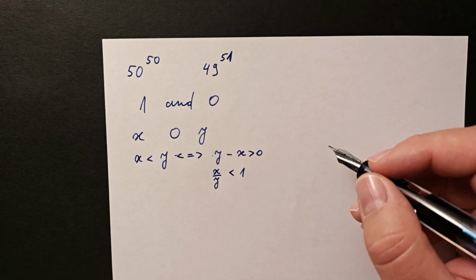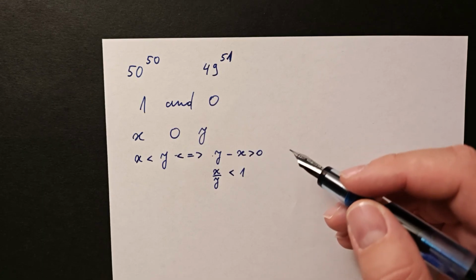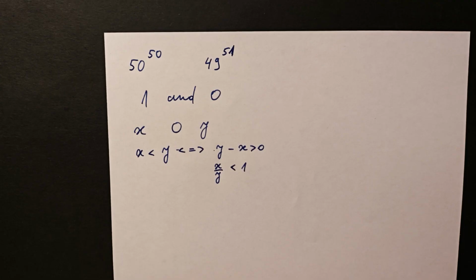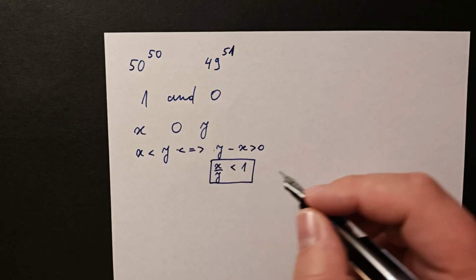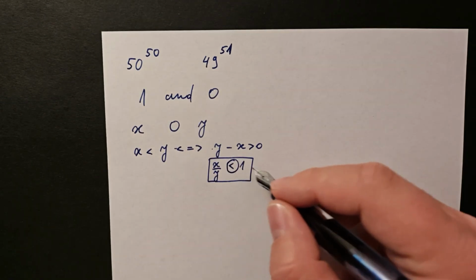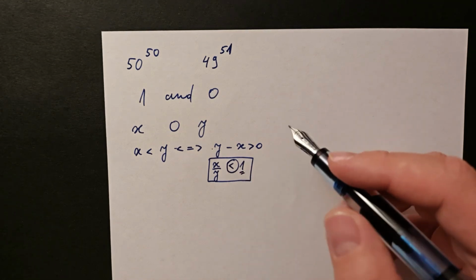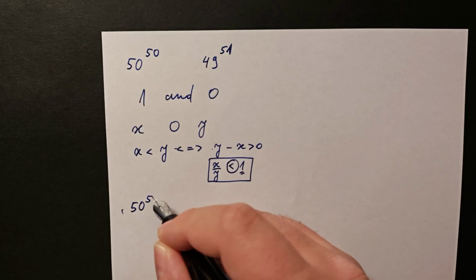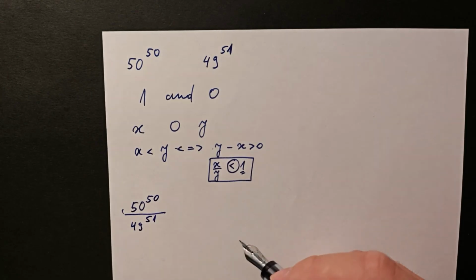This is why we are going to take the numbers which we have here and manipulate them to get a form which is easier for us to work with. In this particular case, we are going for this option, x divided by y is compared to 1. We can make this constant number 1 by dividing 50 to the power 50 by 49 to the power of 51.